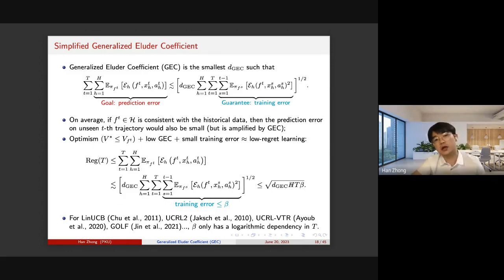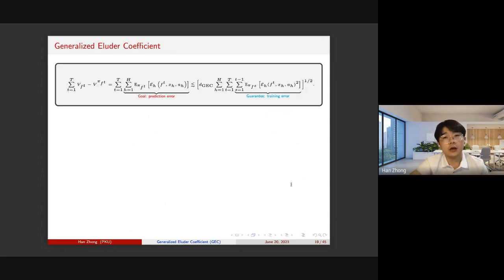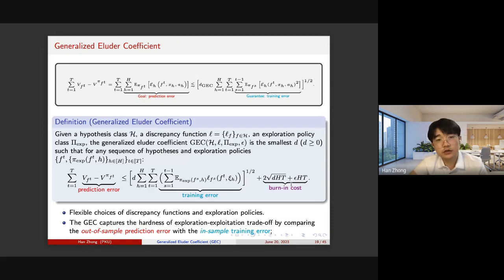But now the definition of GEC can only capture a restricted class of MDPs. So I want to extend the GEC to capture other MDP problems and even partially observable RL problems. The formal definition of GEC here: we are given a hypothesis class H, a discrepancy function L, and an exploration policy class Pi_explore.